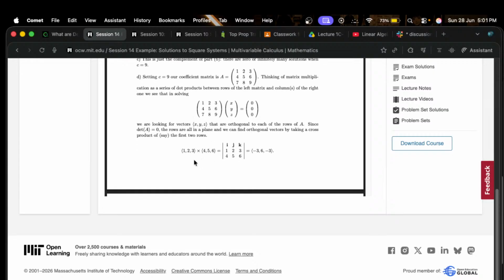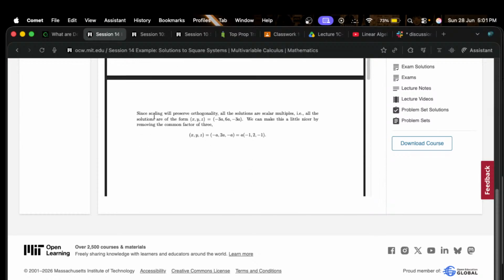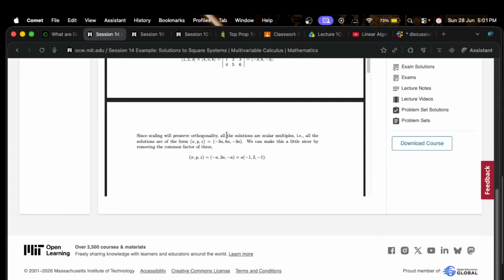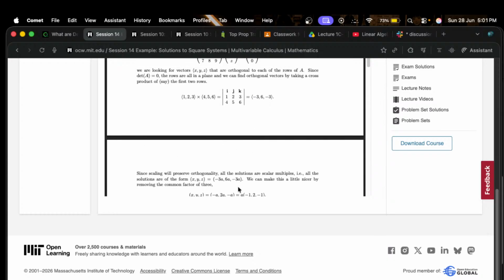So if we take the cross product of these two rows, it comes down to this. Yeah, it's correct, I just cross checked. Since scaling will preserve orthogonality, all the solutions are scalar multiples, that is, all the solutions are of the form xyz equals this. We can make this a little nicer by removing the common factor of 3.